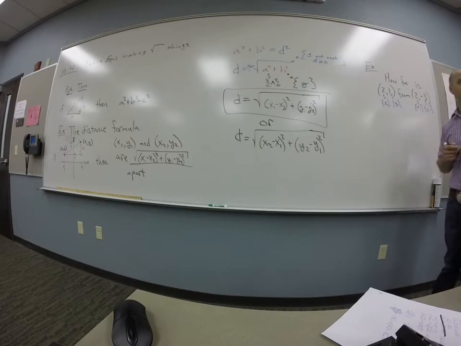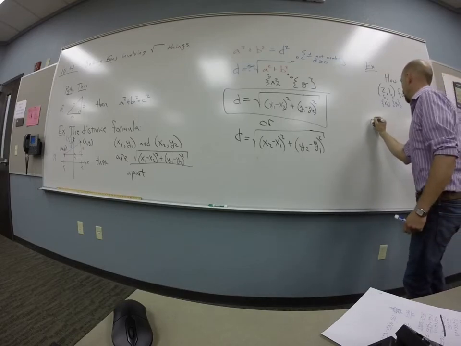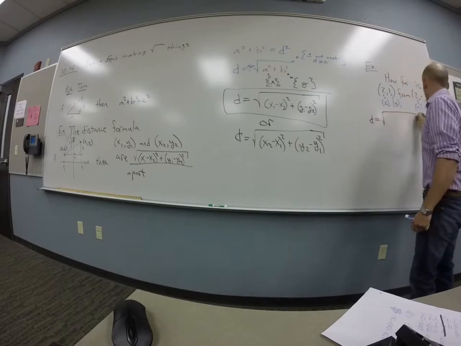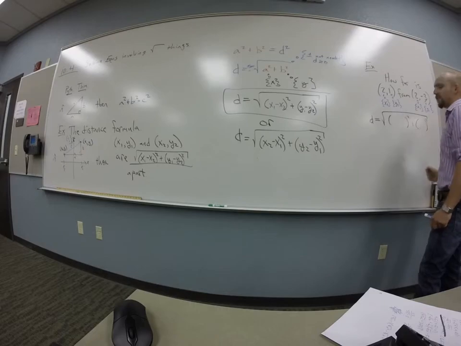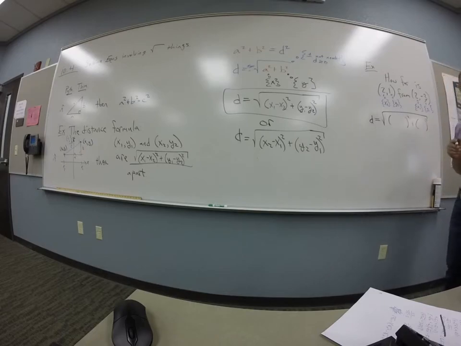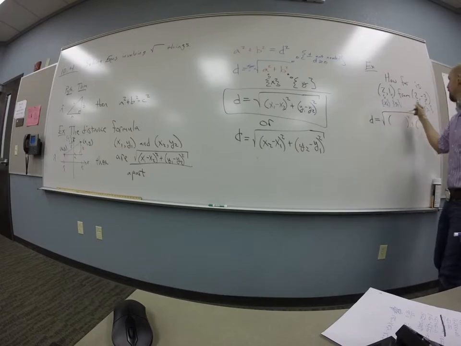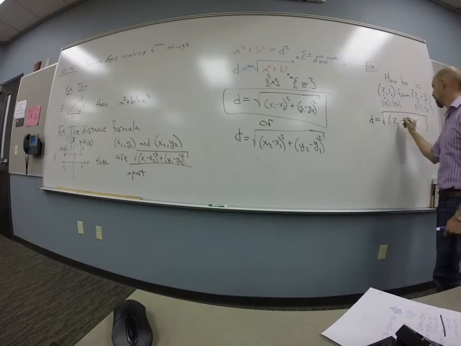Okay. All right, now what? Cram them in the thing, right? Okay, so d equals square root, stuff squared, right? 2 minus 2. Okay, either way, right? x2 minus x1 or x1 minus x2, doesn't matter. So let's do 2 minus 2.